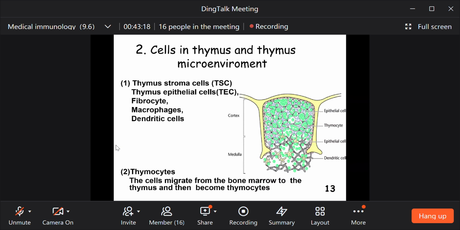It is just like a school: the TSC includes four kinds of different cells, just like four teachers responsible for different courses, and the thymocytes are just like the students.